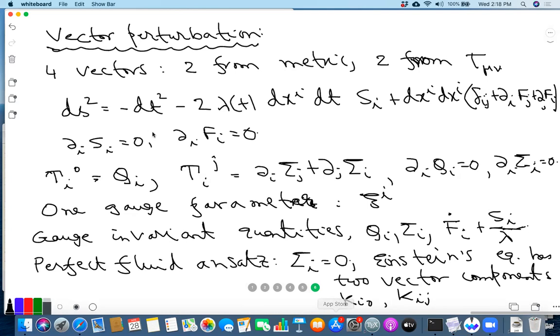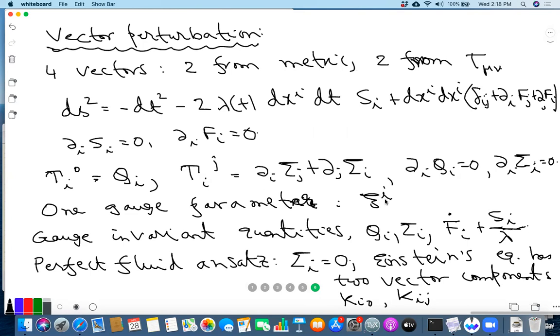Because you can see, tensors have normally 2 parameters, because tensors have 2 vectors, one from the i0 component, the other one from the ij component. You expect 2 from the metric, 2 from the energy momentum tensor. That's 4 vectors altogether. And we have one gauge parameter.